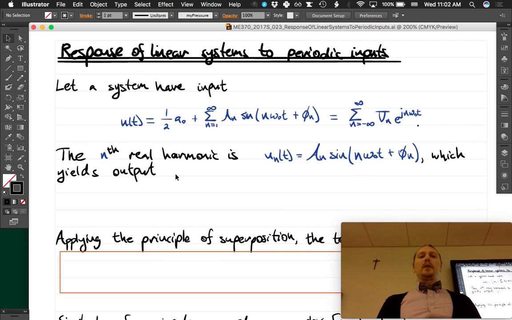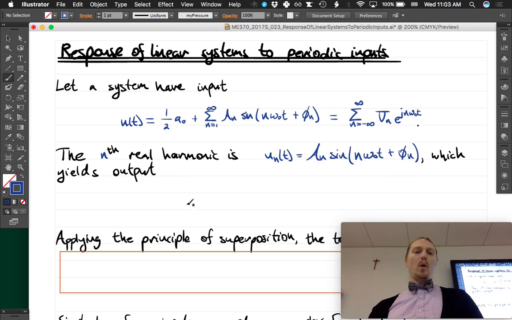The nth real harmonic, we'll just call it u_n, is equal to A_n sine of n omega naught t plus phi n. So I'm just taking one of these sum terms, or not just one of them, but a generic version of one of the sum terms, and writing it here as u_n, which yields the output.